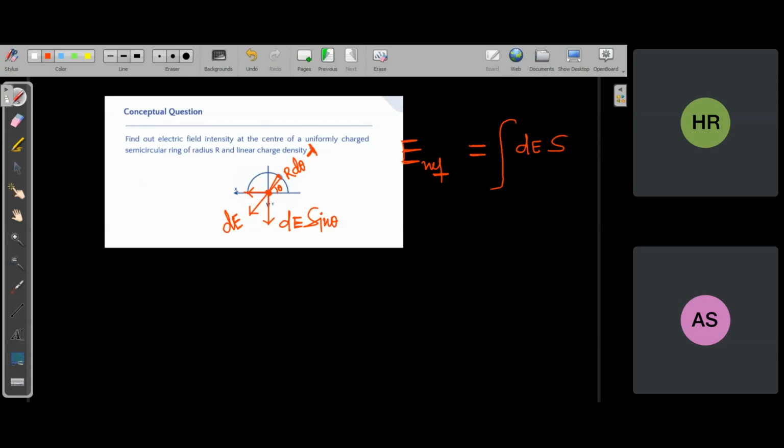Simply dE sine theta, right? And then theta you will vary from 0 to pi. You can do it, right? Yes, sir. So if you understood, we can go to the next. Now you will just substitute the dE value and integrate. That's it.